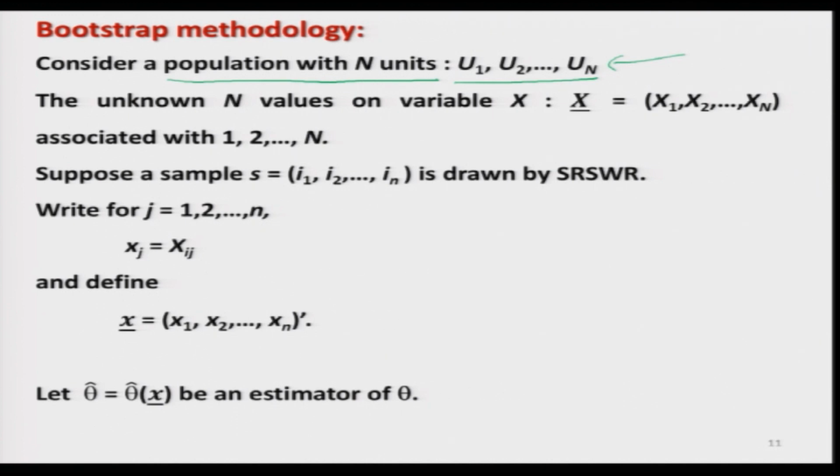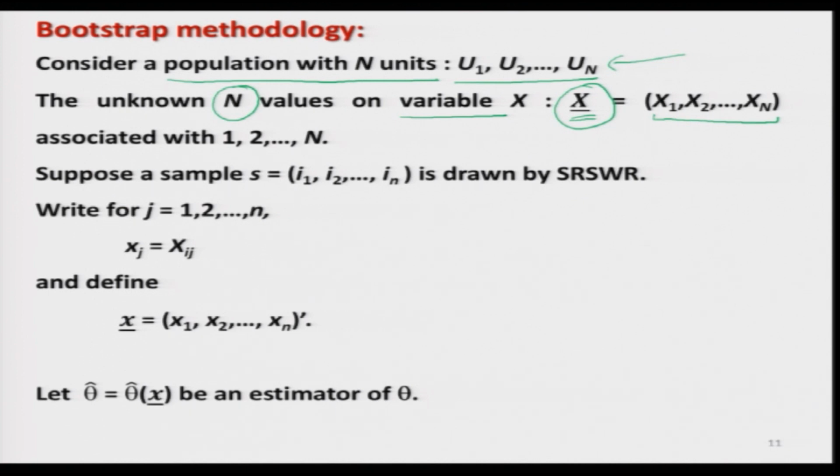Suppose there is a variable capital X, and these capital N units have capital N values on this variable. Let all these values x1, x2, ..., xN be clubbed together and indicated by capital X with an underscore, which indicates all the values associated with the first, second, up to the Nth unit.